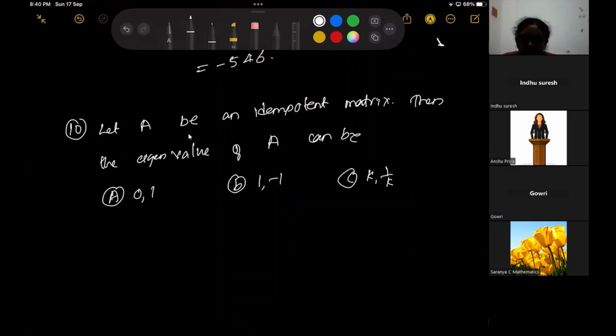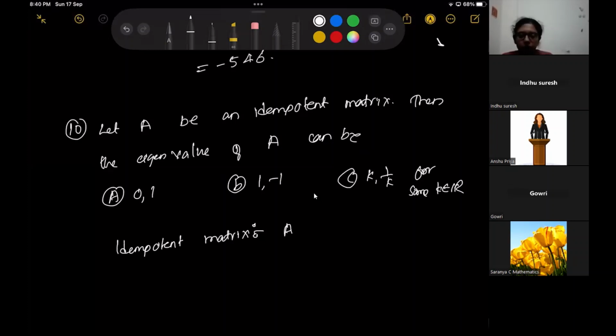So, given A is an idempotent matrix, the question is, what are all the possibilities of the eigenvalue of A? First of all, does anyone know what an idempotent matrix is? If A square equals A, then A is said to be an idempotent matrix.